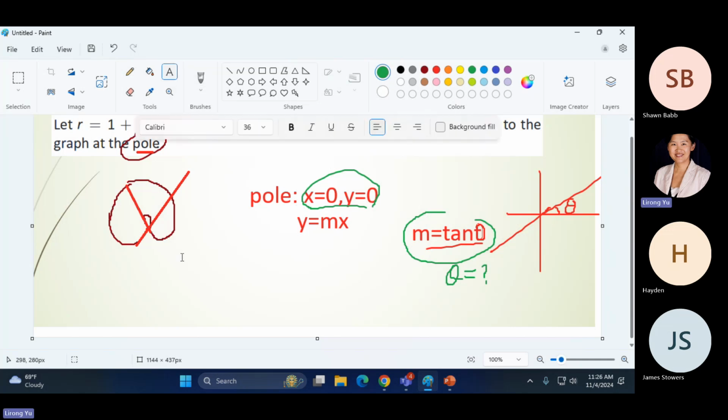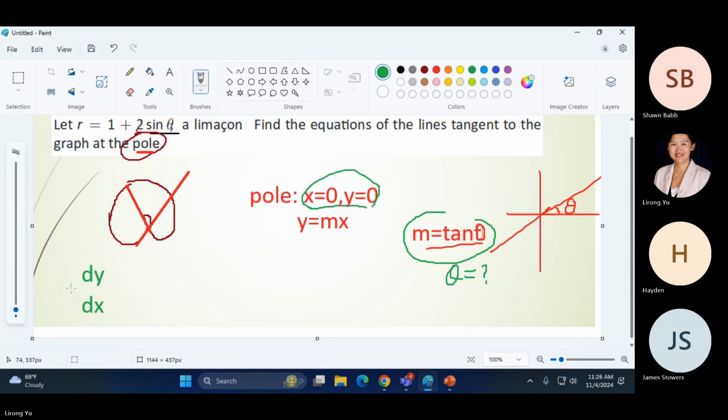So let's calculate the dy dx first. dy dx is equal to, according to what we said, the derivative of the y with respect to the parameter, here we have a theta, and the derivative of the x with respect to the theta. And then you might ask, what's x, what's y?